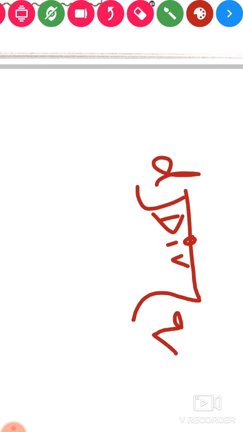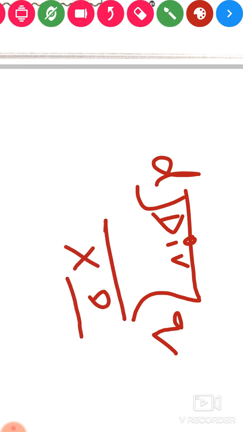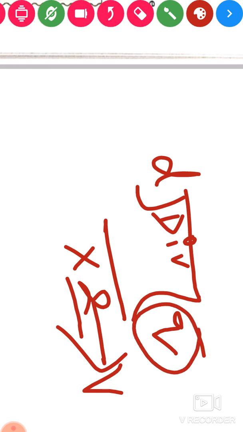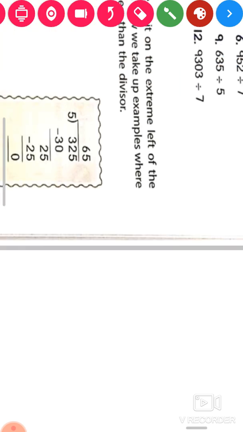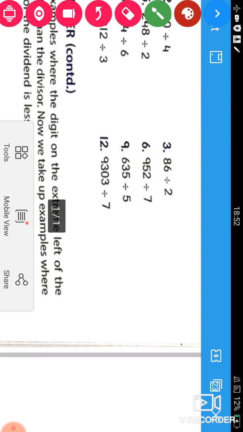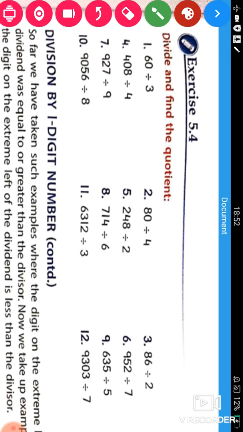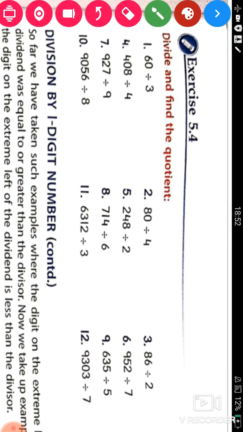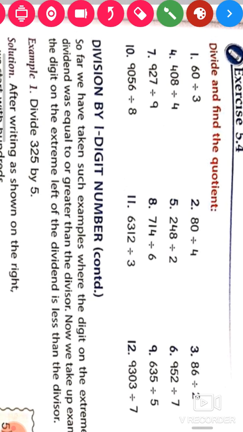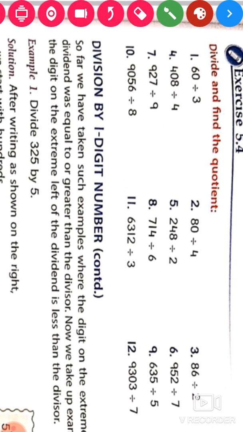The quotient is the answer, and the number that we get in the last is our remainder. Here we have to divide and then find the quotient.